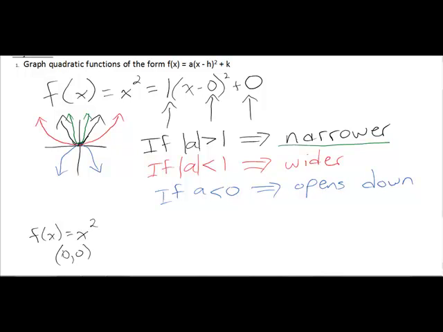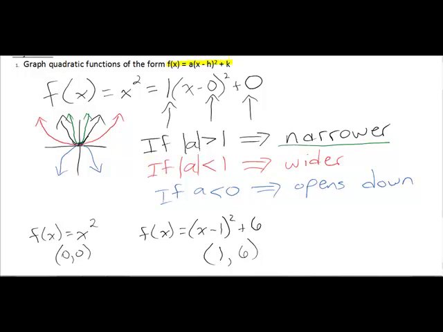Well, what if I come in and I give you f of x is equal to, let's say, x minus 1 squared plus 6. Well, this tells me that the vertex is at 1, 6. Okay, because in this format, when I say this format, I'm going to highlight it way up here at the top of the screen.